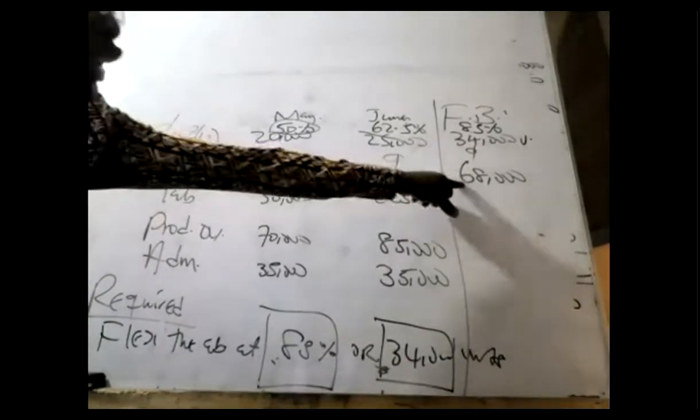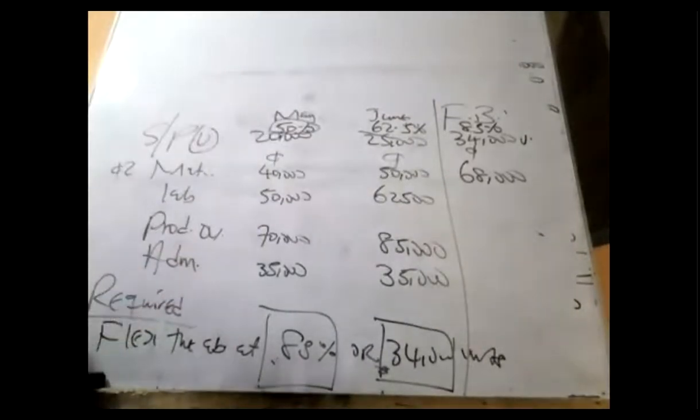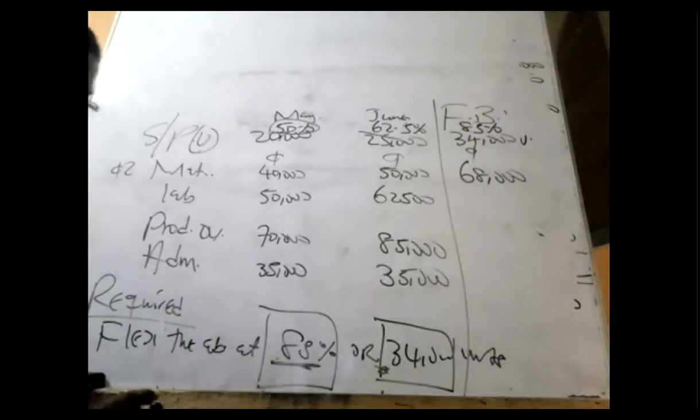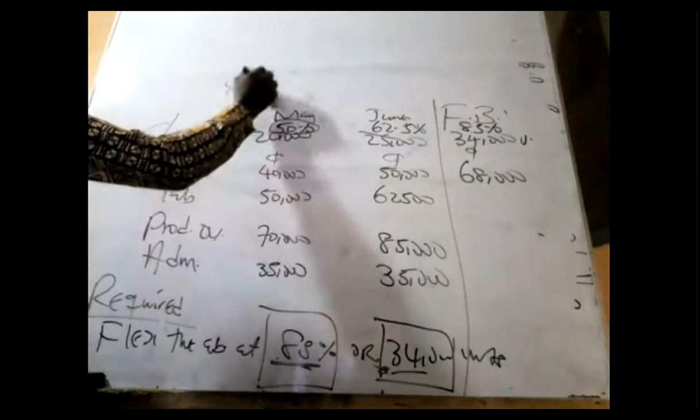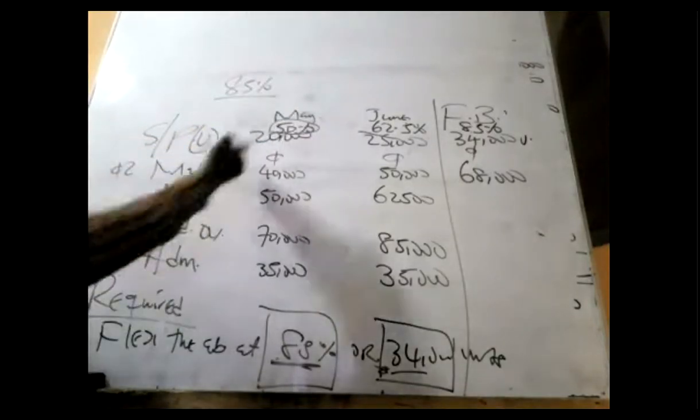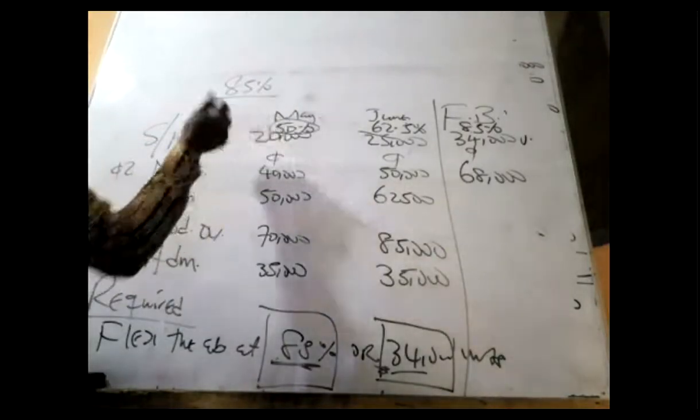Now I used the units. Can you use the activity level to find the same figure? Let's see. Can you use the percentage? We said to pick what you want. Percentage: you are looking for 85%, which is the same as 34,000. So it will be 85% out of what? Pick any of them. Let me pick the 50%.